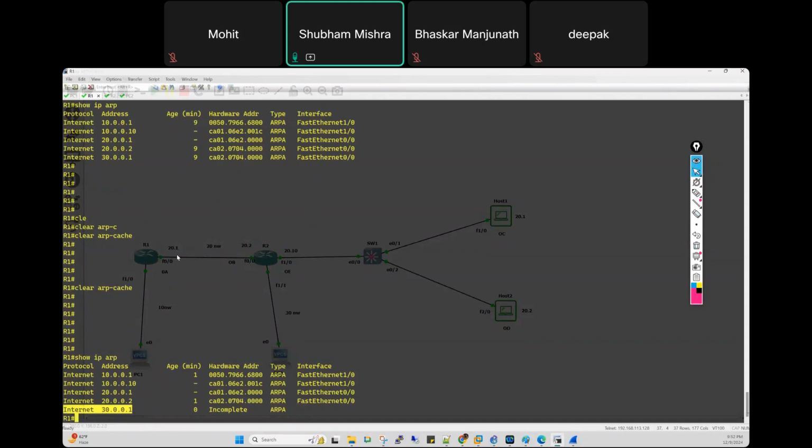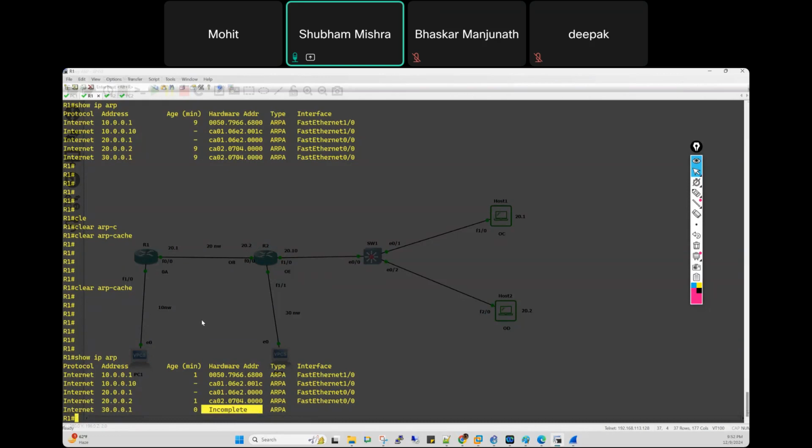R1 is sending the ARP request, but on R2 you already disabled proxy ARP. So that's the reason R2 is not responding on behalf of 30.1 now. So no MAC is being found for 30.1 now. That's the reason the entry is incomplete and you are not able to ping. Getting my point, everyone? Is this clear?